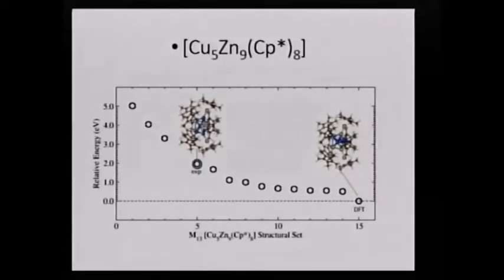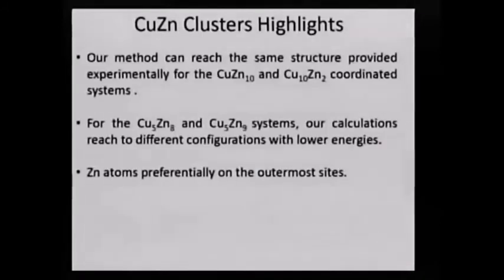So we will perform more analysis, but the important thing is that the most time-consuming part is done until now. About the highlights, our method can reach the same minimal structures for copper 10 zinc 2.